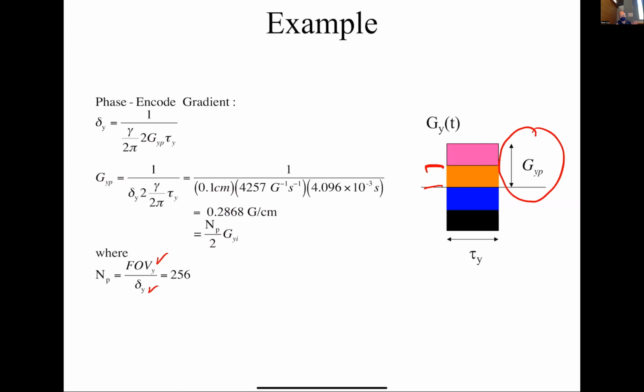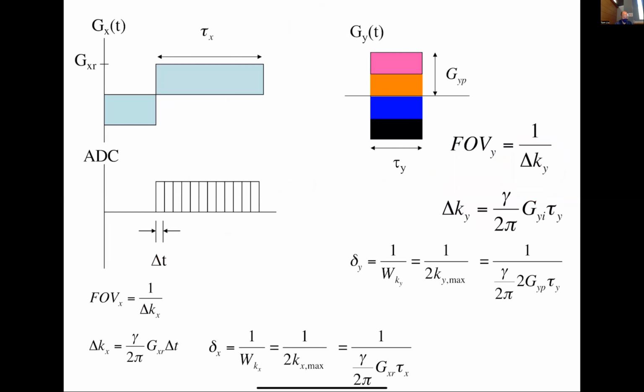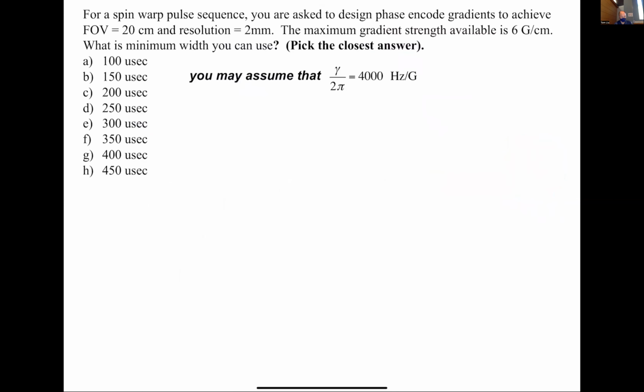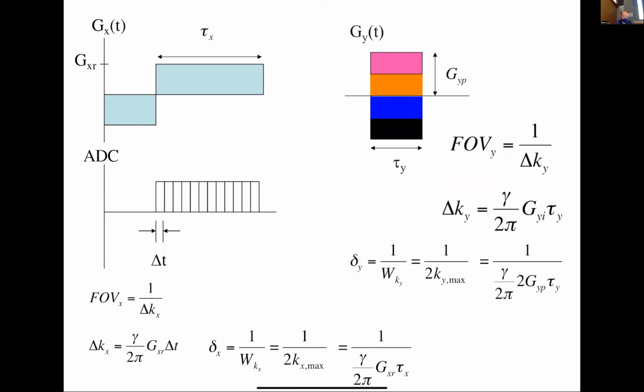There's a question of asymmetry, because if you have 256 samples and you also go through 0, you have to have one less above or below, but we'll talk about that later. Sorry, this is a really busy slide. I need to change this for next time. But let's just go through this. We have 10 or 12 minutes left, so let me summarize this, and then we'll do one other problem together, and then we'll end for today.